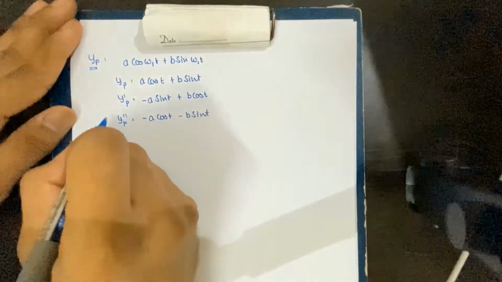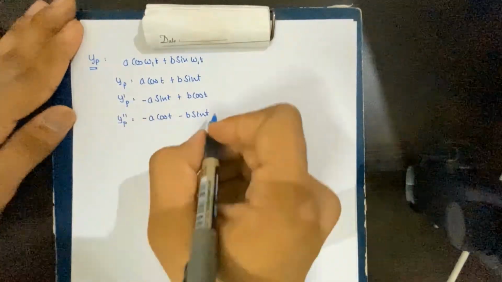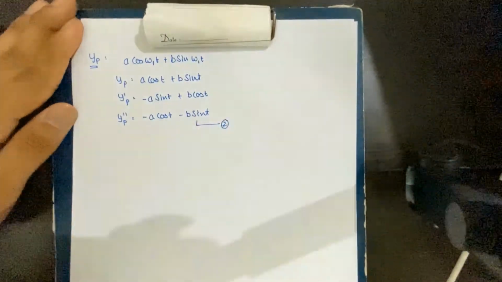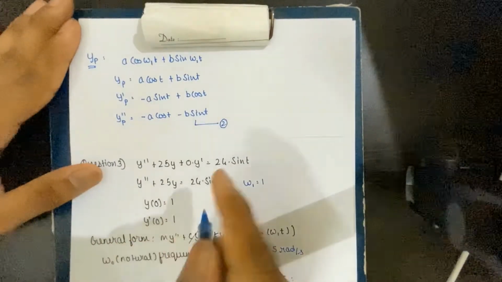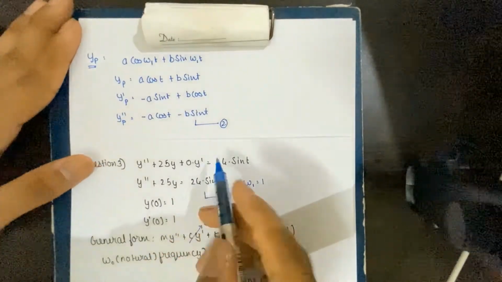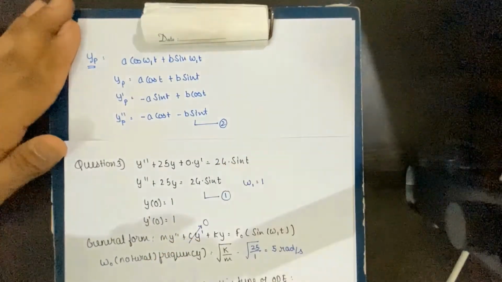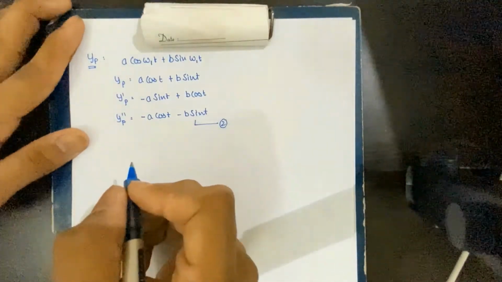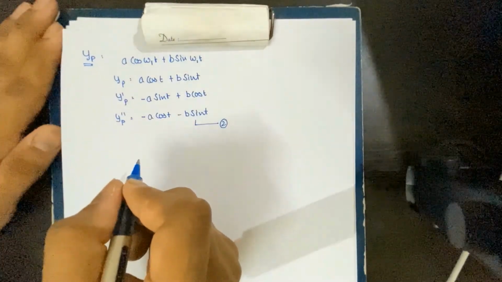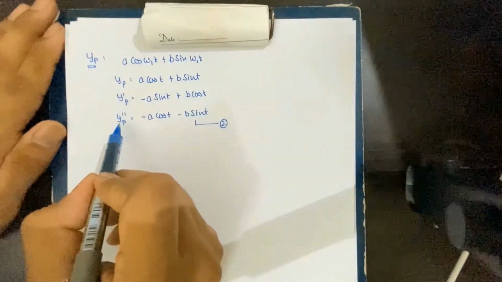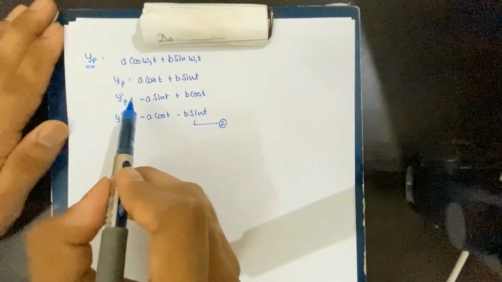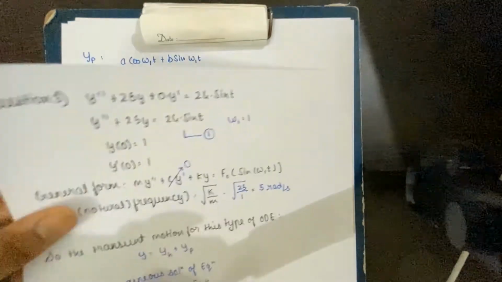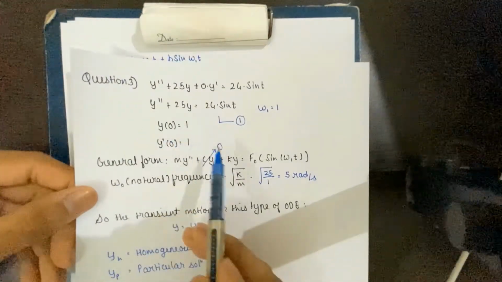Now let's call this equation 2, and let's call our original equation equation 1. Now we are going to compare equation 2 and 1. It's not comparing, it's basically substituting yp in y, y dash p in y dash, and y double dash p in y double dash in the first equation.